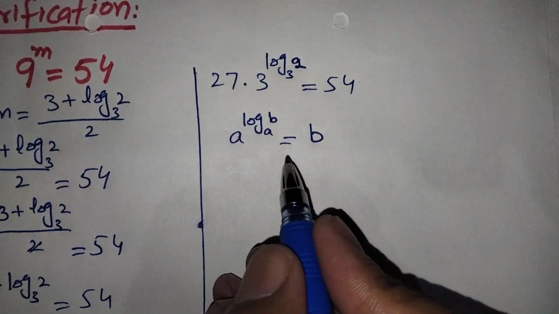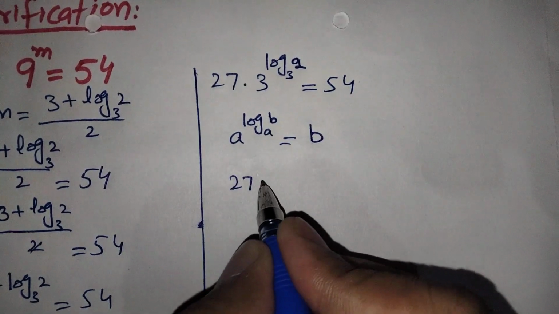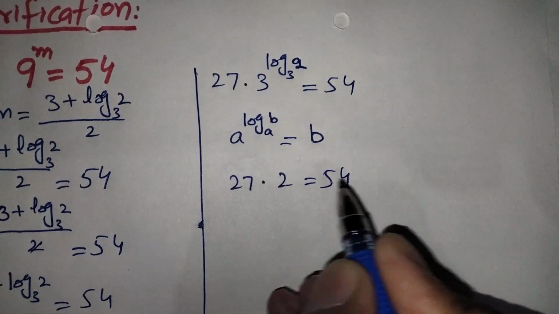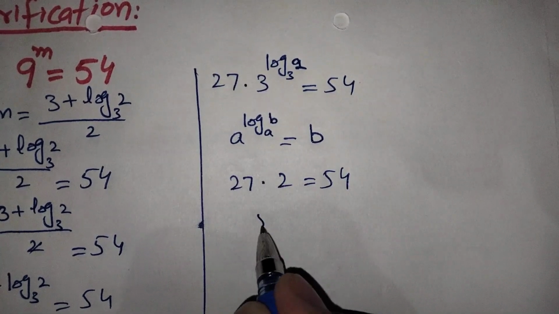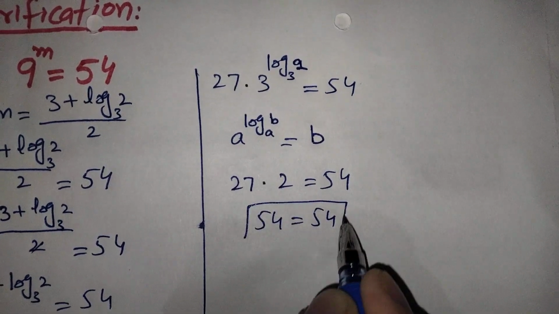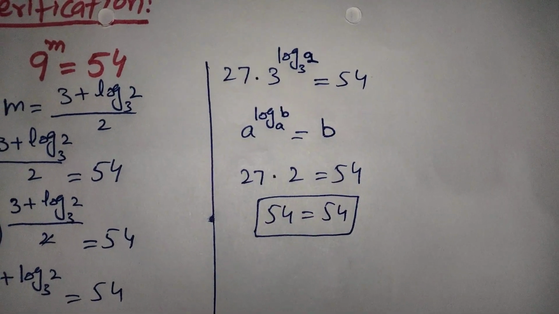So using this formula we can rewrite this as 27 into 2 is equal to 54. Now 27 into 2 is equal to 54, which is equal to 54. Hence the given solution is valid. This is the validity of the given solution.